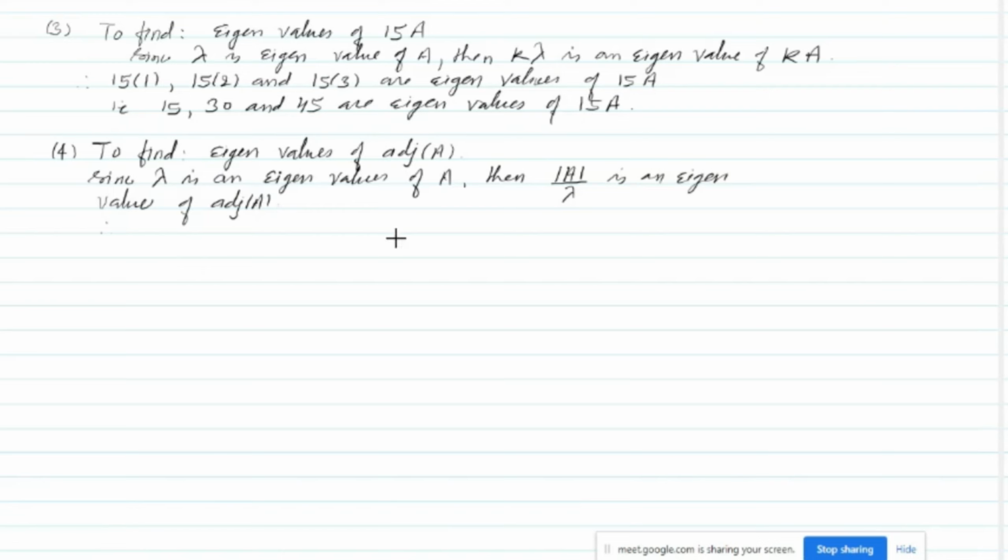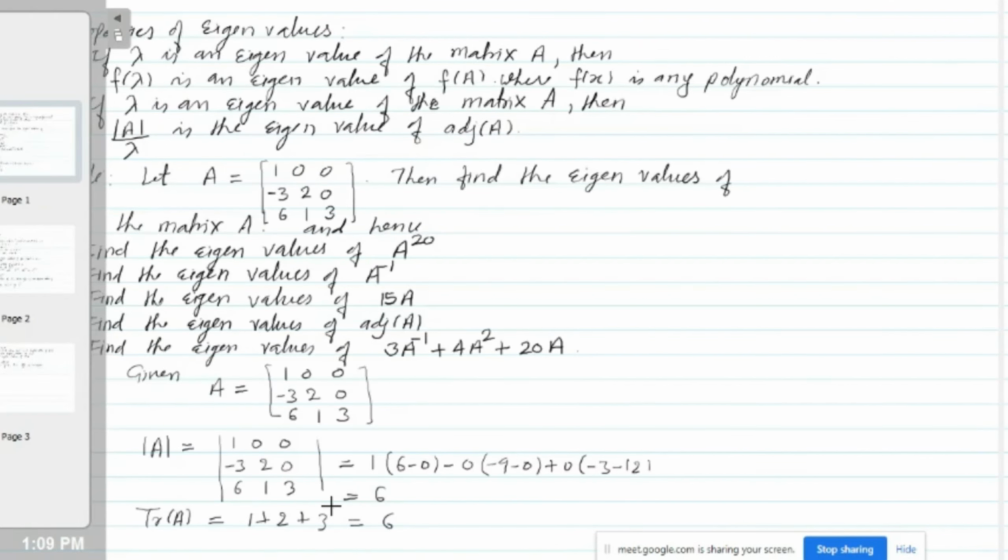Okay, so therefore determinant of A is what? How much did we find the determinant? Determinant is 6.